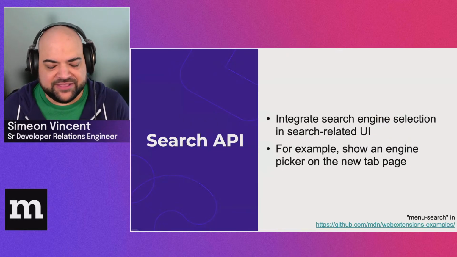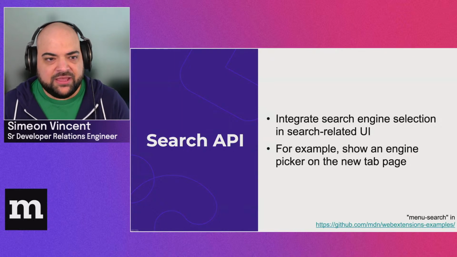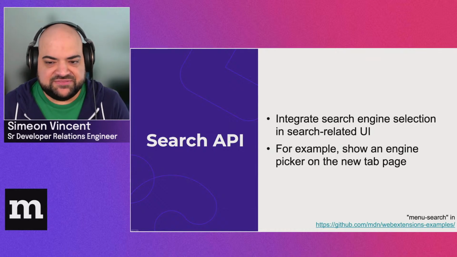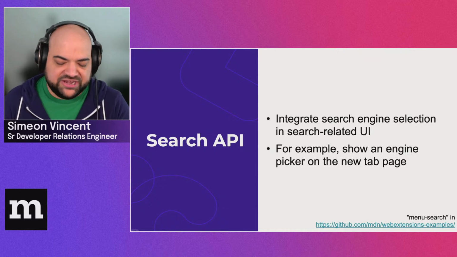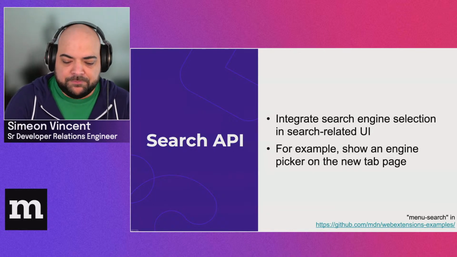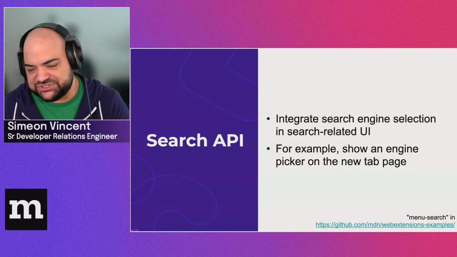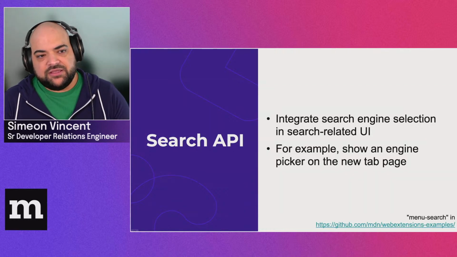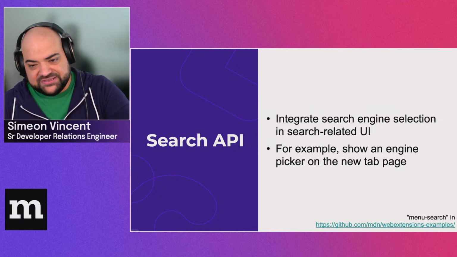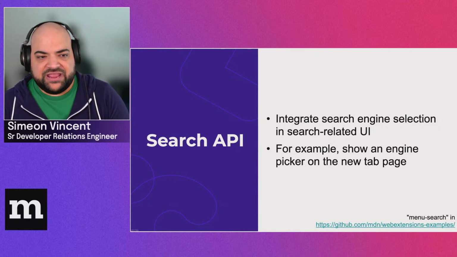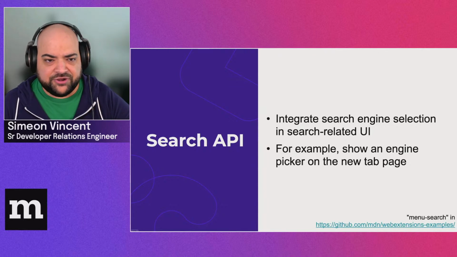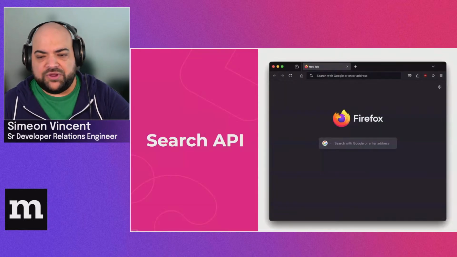Next, I want to take a look at the search API. The main suggestion that I would have here is if you are providing an experience in your extension that allows the user to query a search engine, being able to query against the default is great, but it is even better if you're able to, say, open a picker and choose which experience you want.